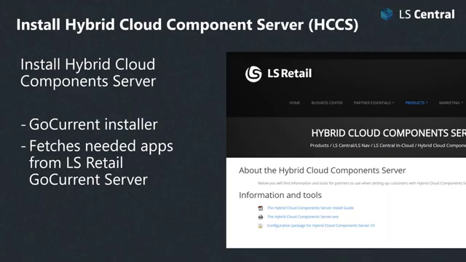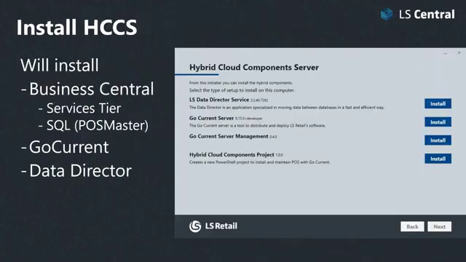Once you have run the installer on the server, it will then fetch all relevant applications from the LS Retail Go Current server as needed. And of course, it will take the newest versions. It will install on that server the Business Central service tier and the SQL environment, including the POS Master database.